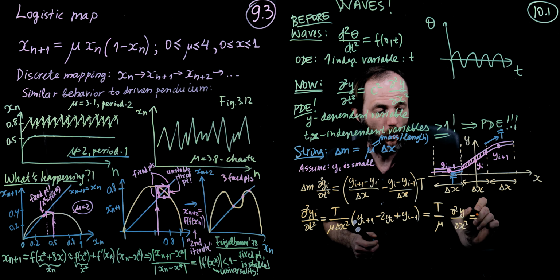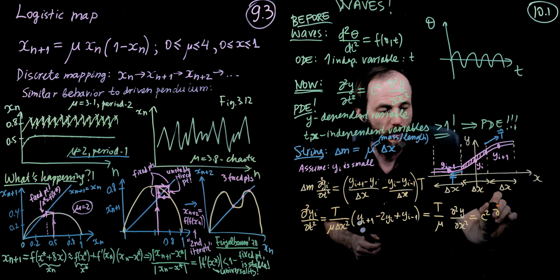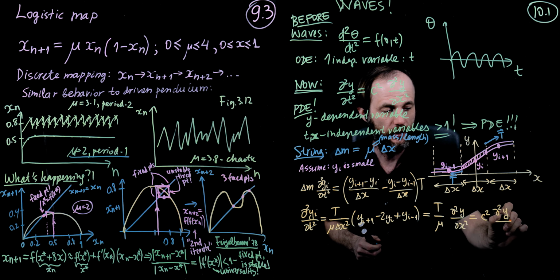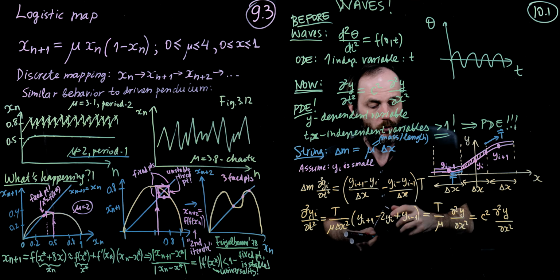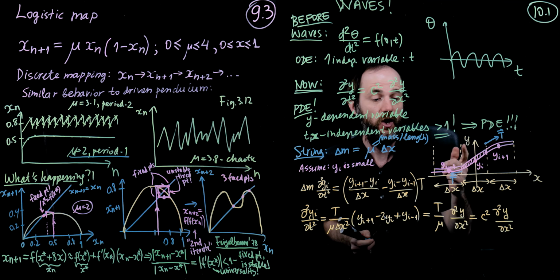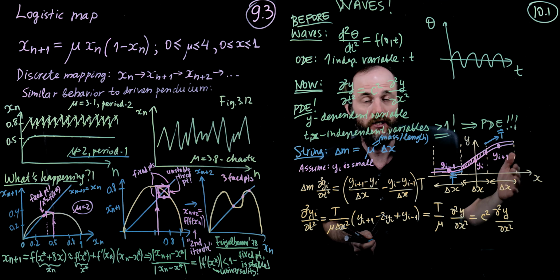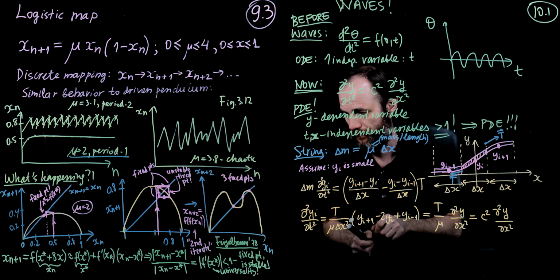And if we were to denote this prefactor as c squared, we will have obtained the equation in the exact same form as we wrote it to begin with, where c, as we will see in a second, will actually be the speed with which the waves can propagate through the string.